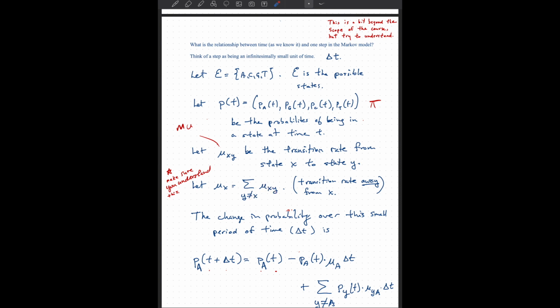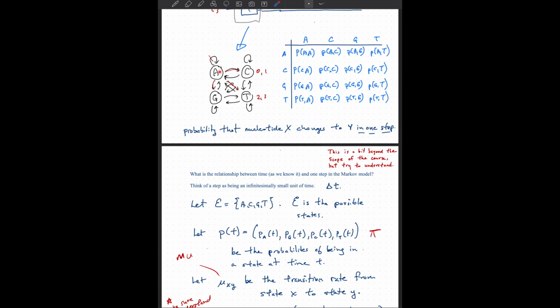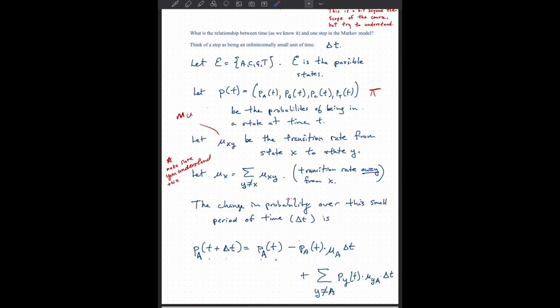Graphically, it's easy to see: we're at A, we want mu sub A, and mu sub A is going to be this probability plus this probability plus this probability, mutating away from A, but not this guy here. We remove that guy from the game. So it's the probability of leaving, and that's exactly what I'm writing there.